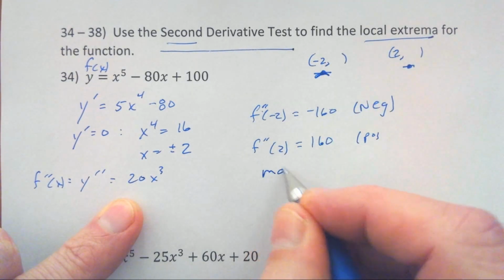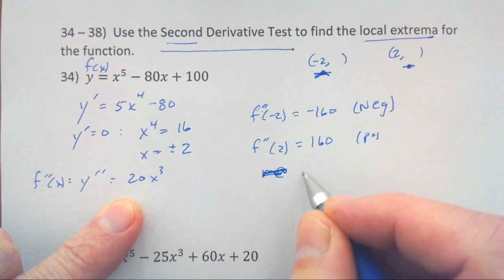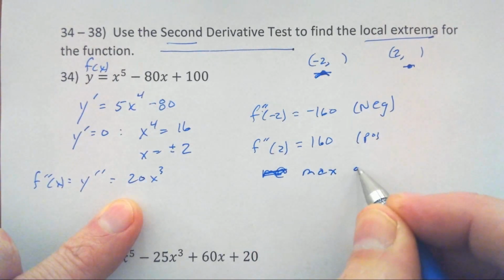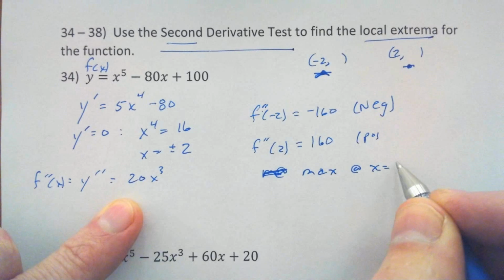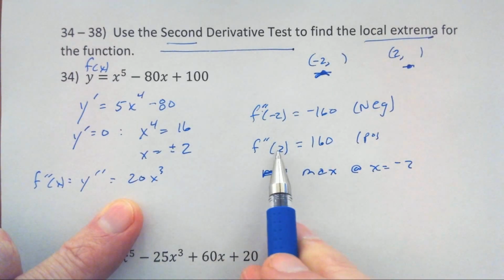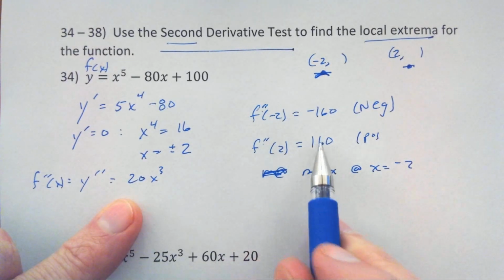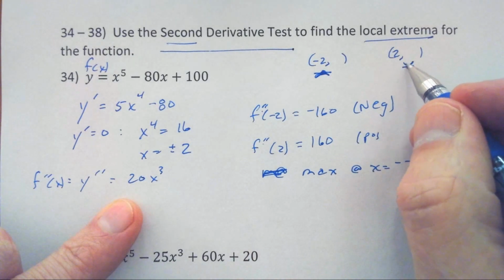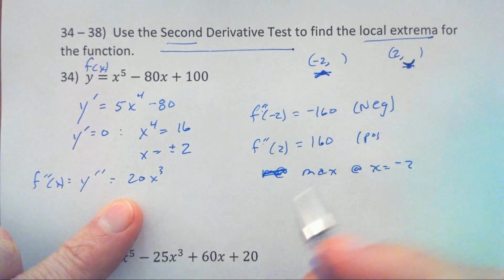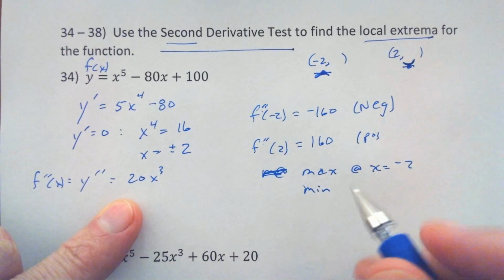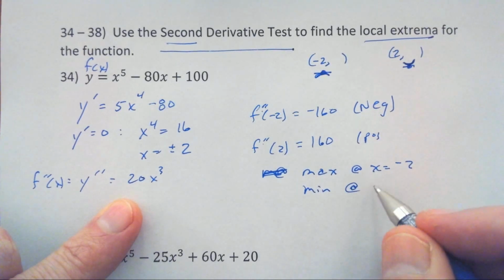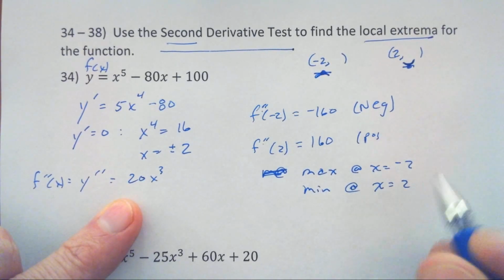Therefore, we have a maximum. I have a maximum at x equals negative 2. If my cupping is positive at 2, the graph looks like this, meaning I have a minimum, a local minimum, at x equals 2.